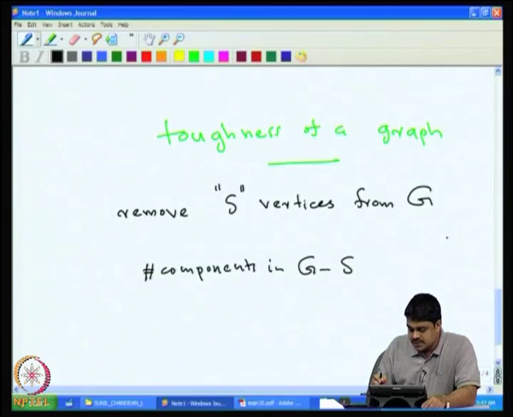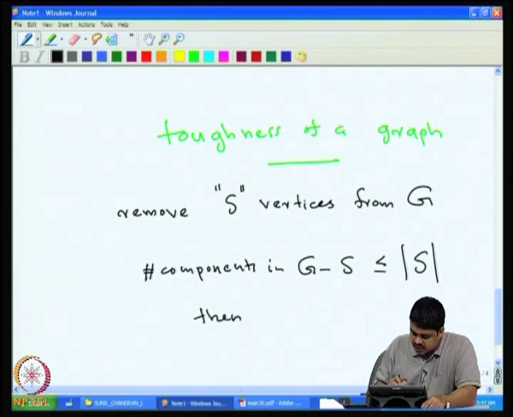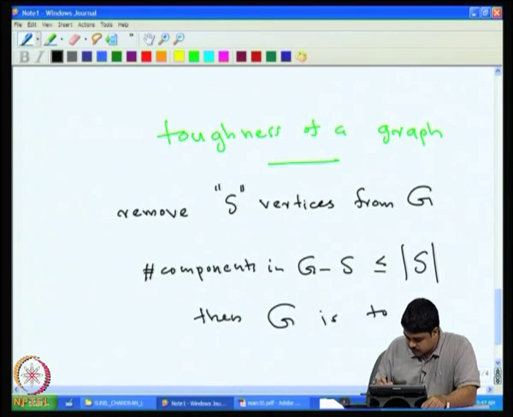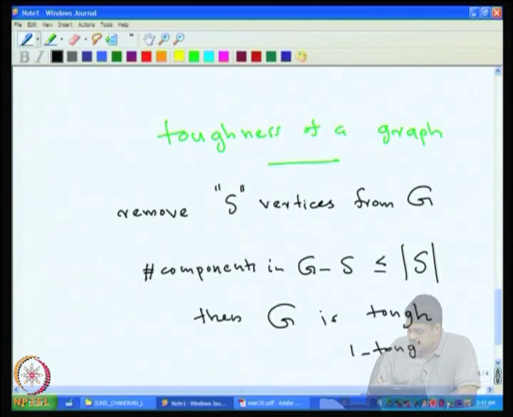If it so happens that the number of components in G minus s is less than or equal to the cardinality of s, then we will say that G is tough. G is a tough graph. So, G is one-tough; there is another, because you can generalize this concept further, just one-tough.